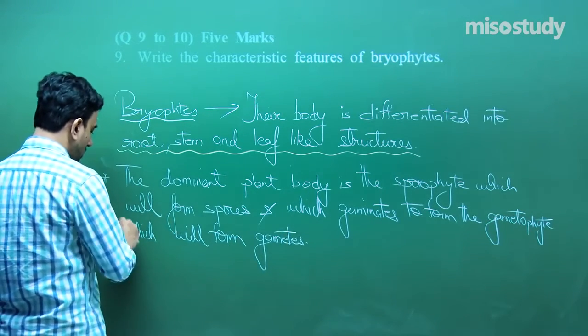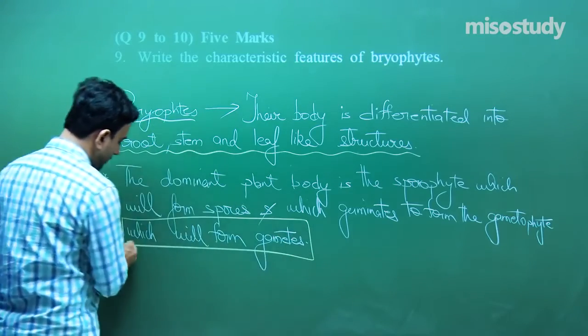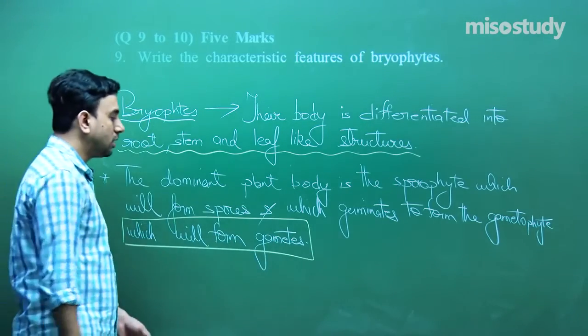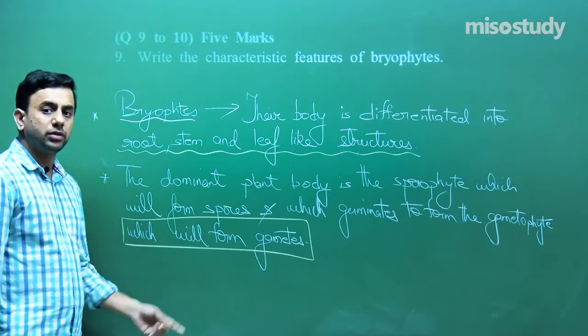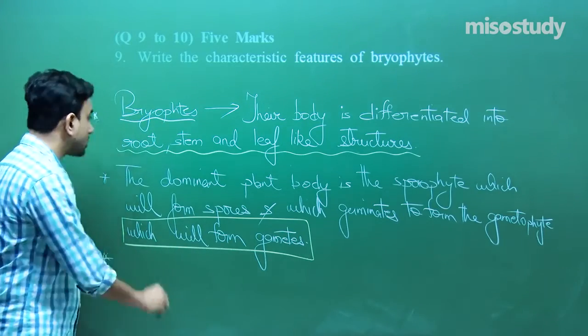These gametes fuse further to form the zygote, and the generation continues.